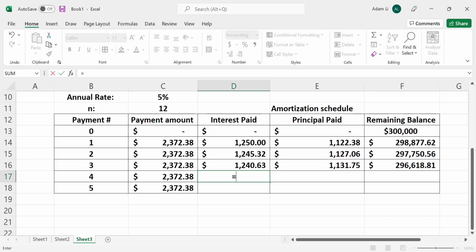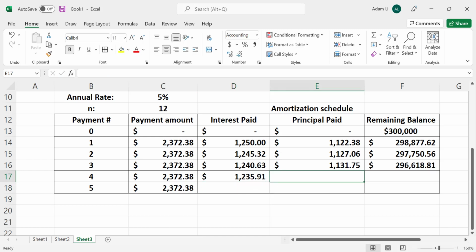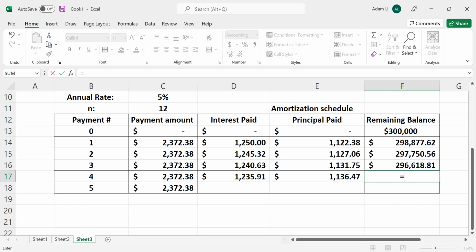Now we are paying monthly interest on the remaining balance. Again, total payment minus interest paid is the principal paid in this period. So the remaining balance is the beginning balance minus principal paid. That's that.